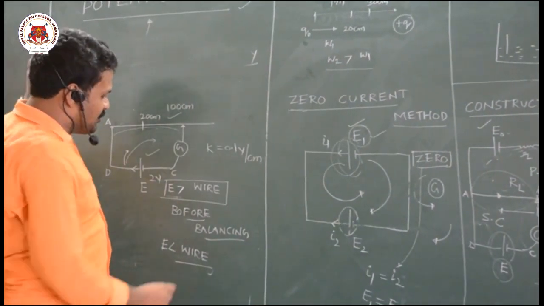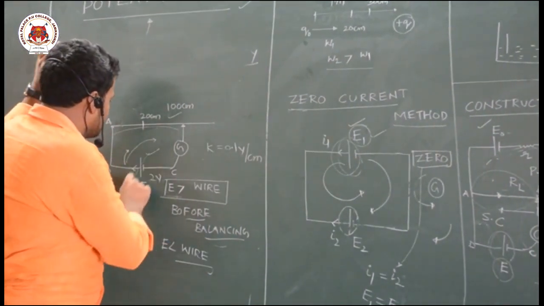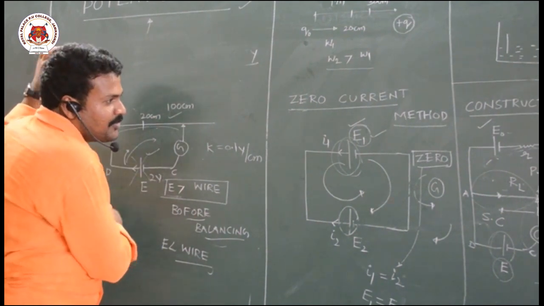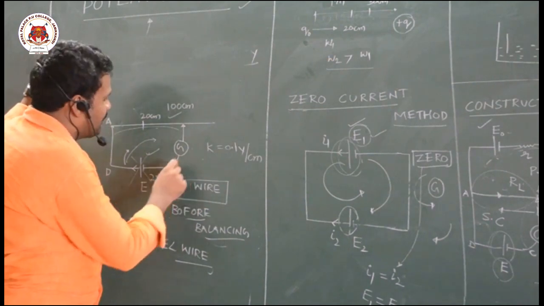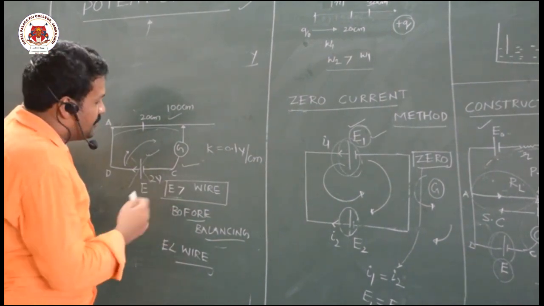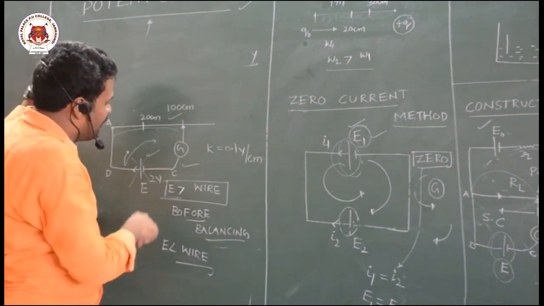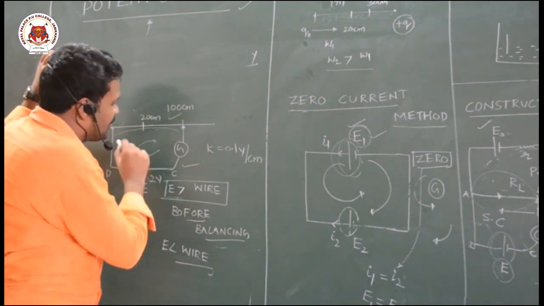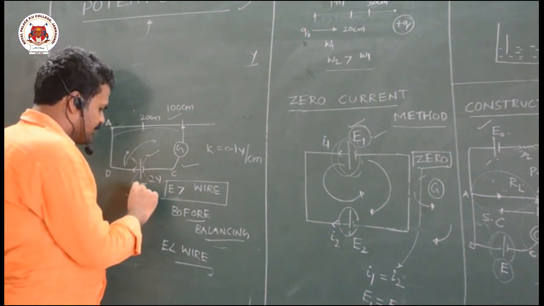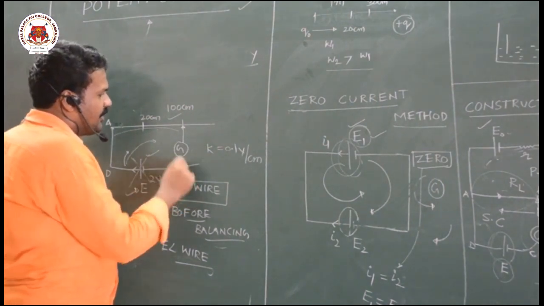Once you get the balancing point, this battery stops discharging. No current is taken out from the battery. Once you are at the balancing point, this battery will stop discharging and charging. Before the balancing point, it discharges. After the balancing point, it gets charged.